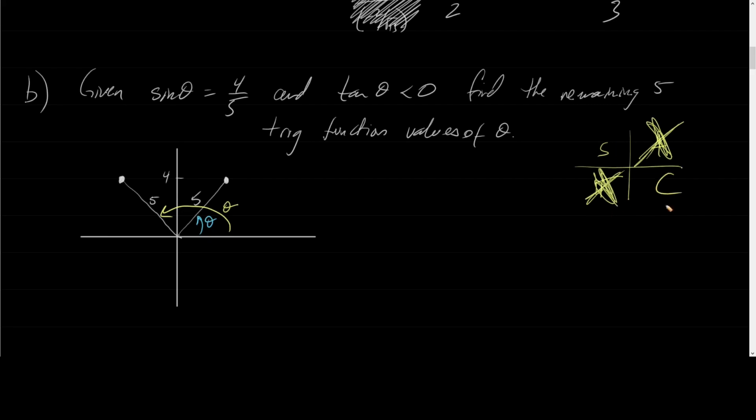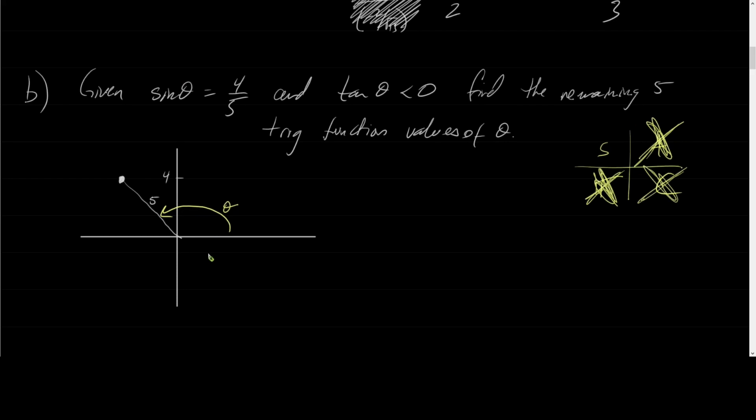Now, it's impossible for it to be in the fourth quadrant because we have sine being a positive value, right? Remember, the y value was 4, positive 4. So the y value has to be above here. So it cannot be this one right here. So in fact, it must be that we're working with this one.